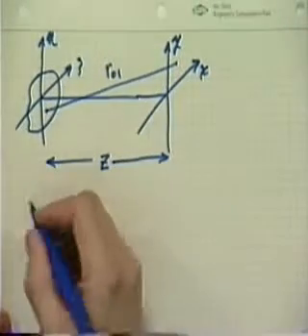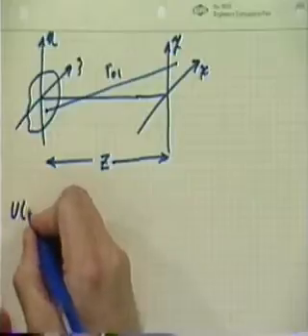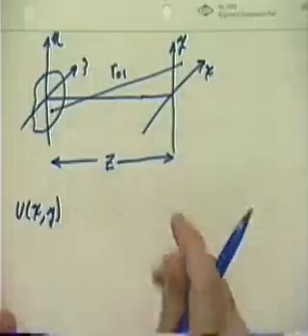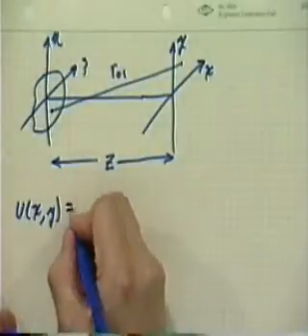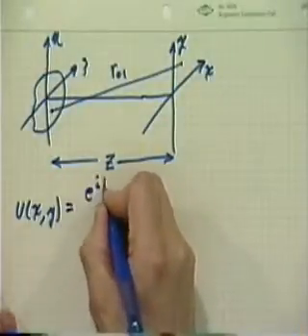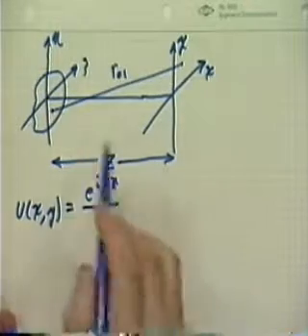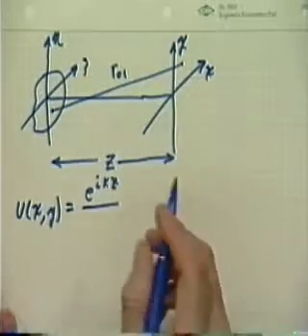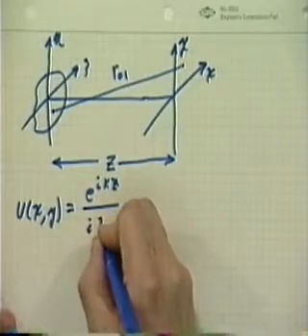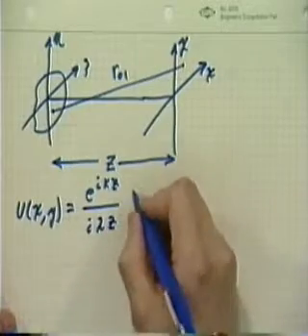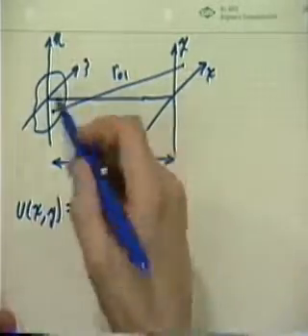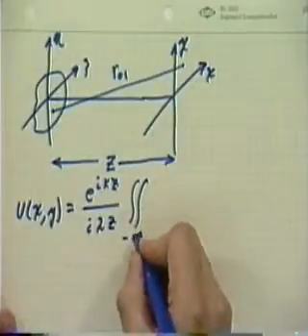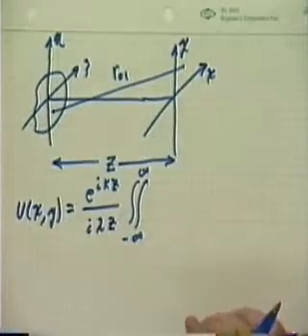And so going through that, we found that the amplitude in this plane, u as a function of x, y, went as e to the ikz. So that's just due to phase due to propagating between these two planes. And an i lambda z in the denominator here. And then we had an integral over this plane, let's say minus infinity to plus infinity.